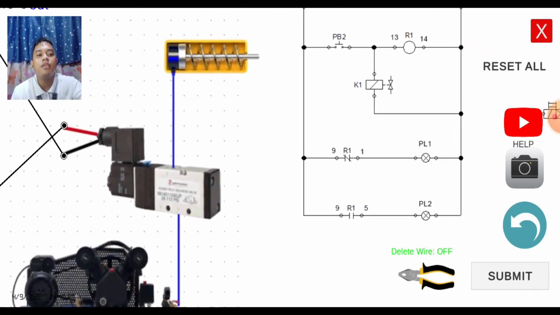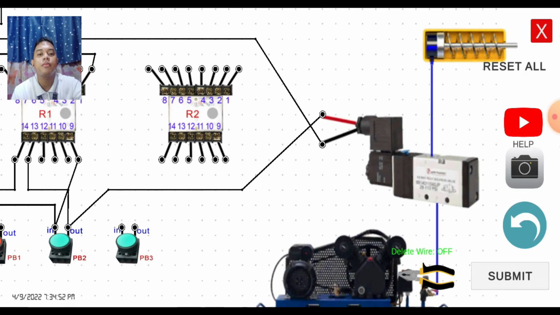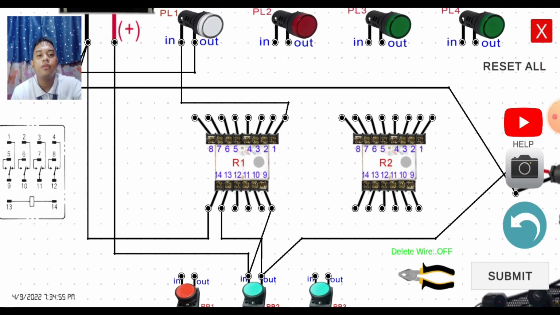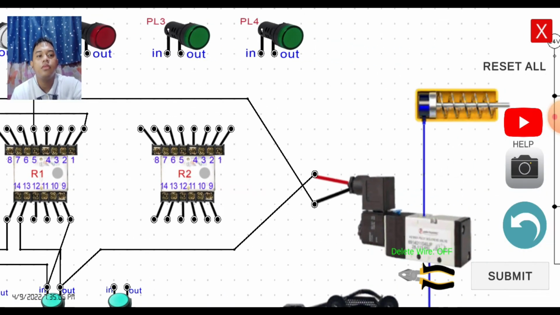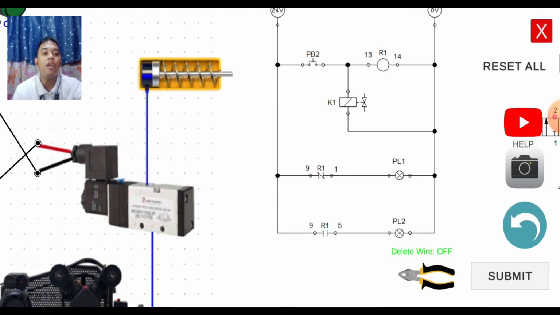Next, the 9 of R1 we have already connected, so we only need to connect the 5 of R1. The 5 of R1, connect it to the input of PL2 or pilot lamp number 2. Next, the output of PL2 can be connected to either the output of PL1, negative of K1, 14 of R1, or 0 volts.